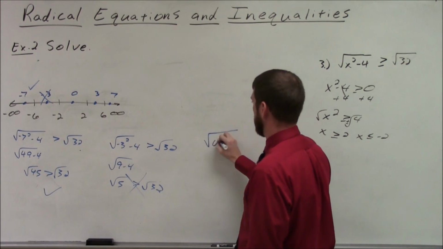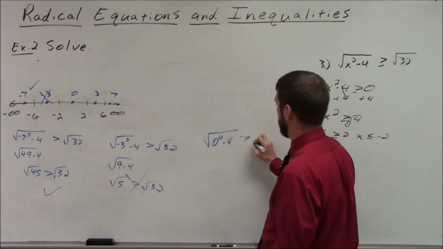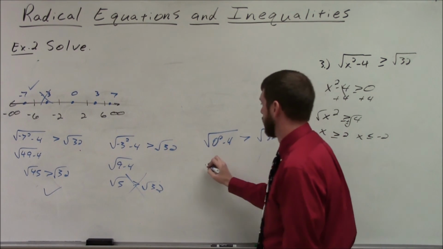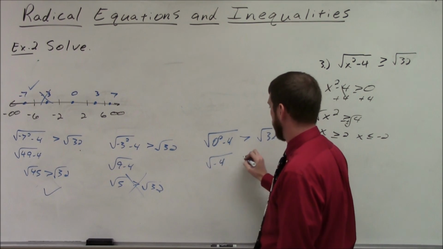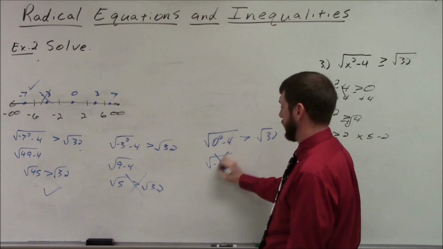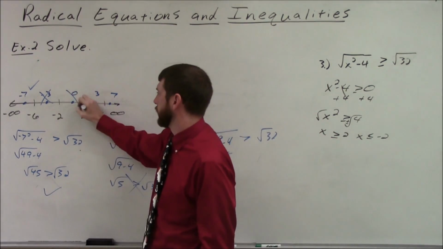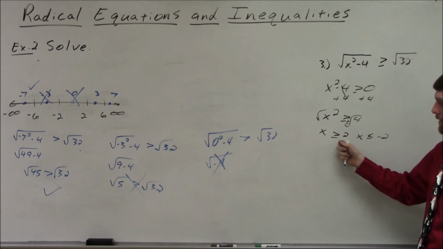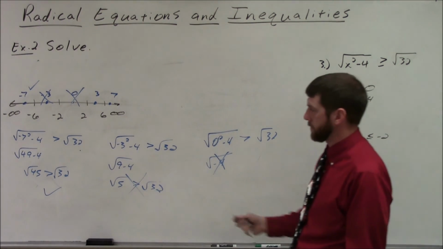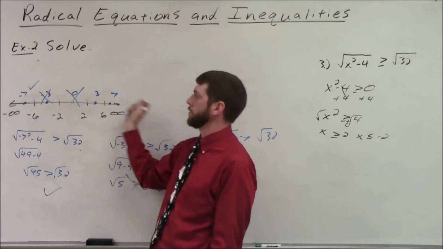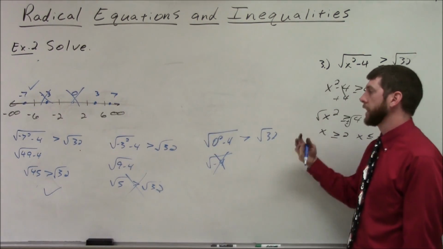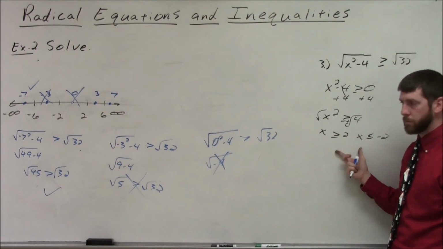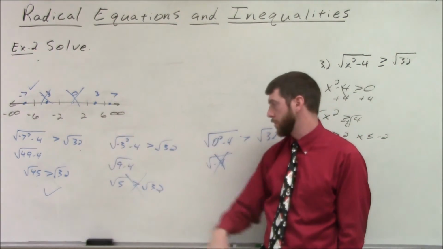So square root of 0 squared minus 4, greater than square root of 32, which is square root of negative 4. And we got the square root of a negative, so that tells us to dump that interval also, which goes back to what we found with our domain restrictions. Stay to the right of 2 and the left of negative 2. Again, if you don't recognize and remember that stuff, when you test your points, it all washes out anyways.